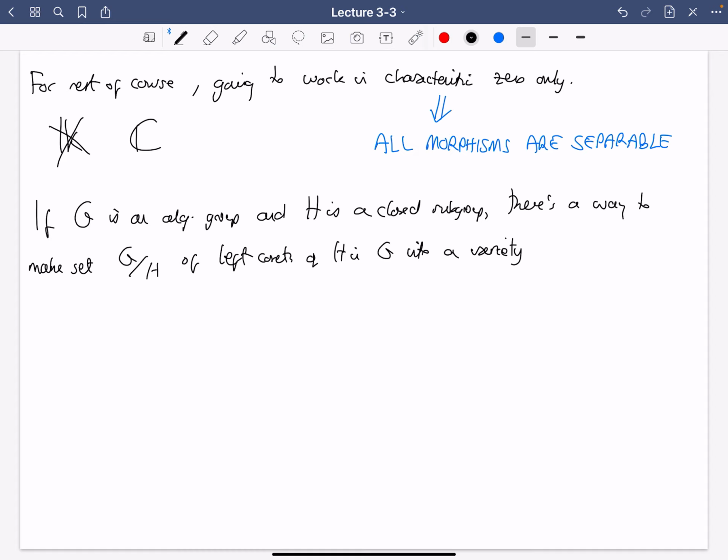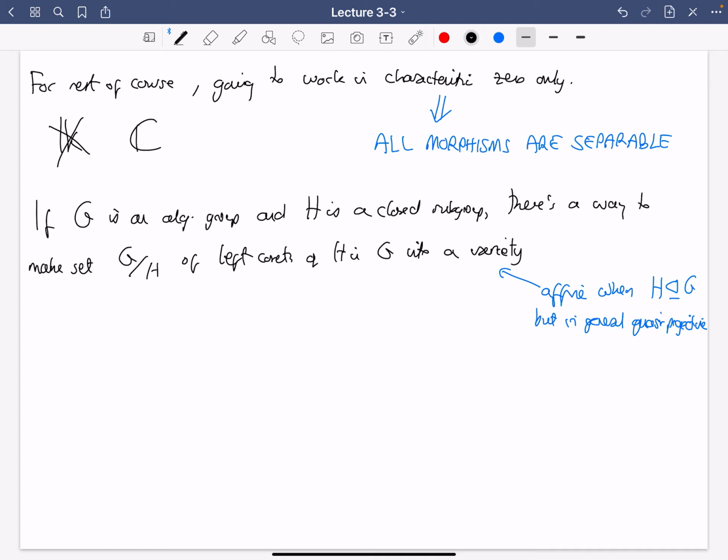In general, you can't do this without allowing more general varieties than simply affine varieties. It turns out that it's affine when H is actually a normal subgroup of G, but in general, it won't be affine. In general, you need to go up to quasi-projective varieties to make this construction.